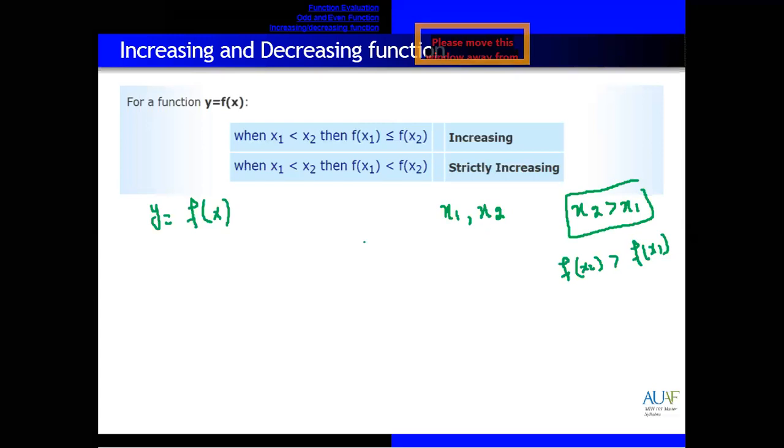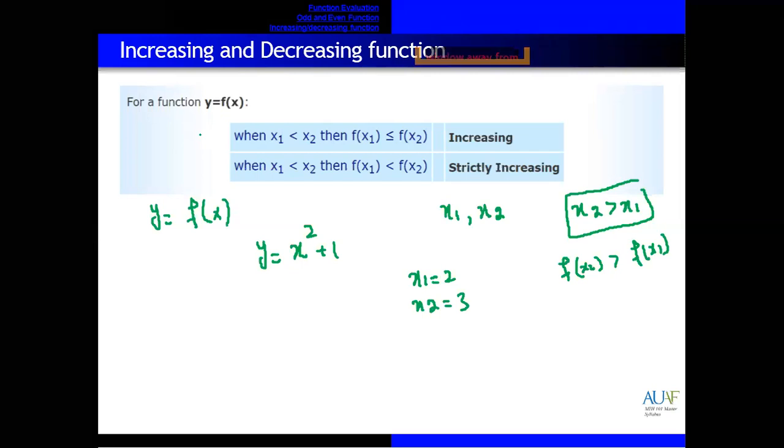Like what? We have the example y is equal to x square plus 1, and we select any two numbers. x1 is equal to 2 and x2 is equal to 3, and you can see that x2 is greater than x1.